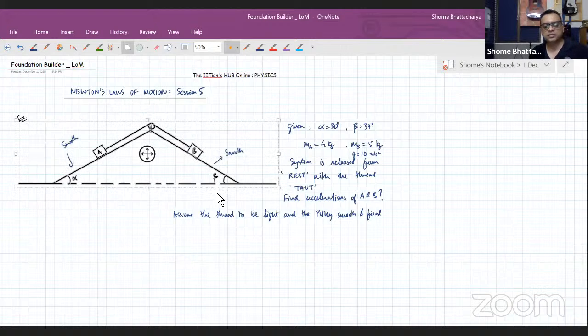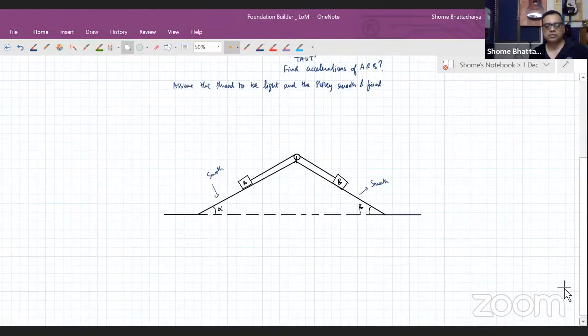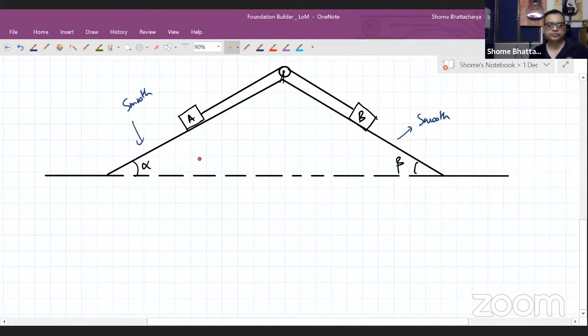So let's begin by understanding the distribution of forces in the system. So you can see that the components of weight you can divide like this.